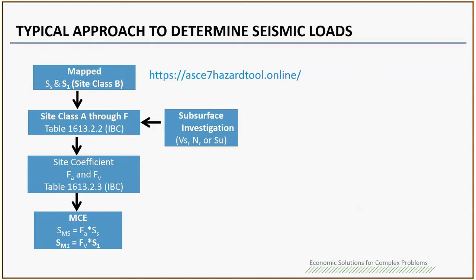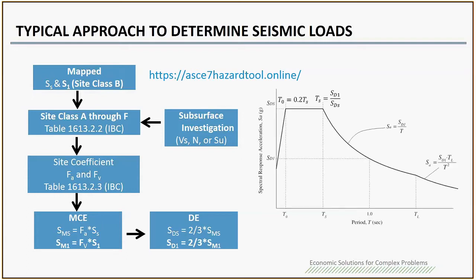Then your design SDS, SD1 will be 2/3 of the MCE value. So once you have that, you can follow the approach in section 11.4.6. You can plot the design response spectrum.